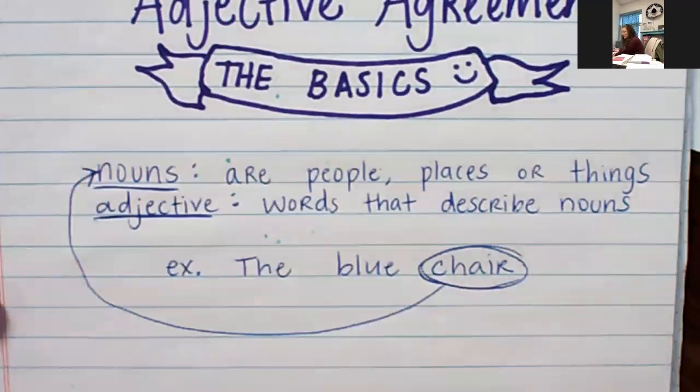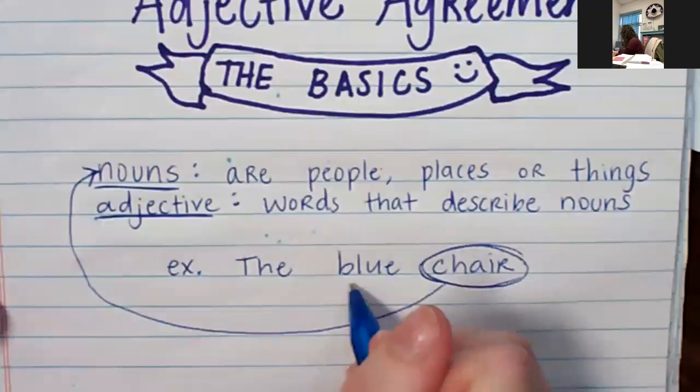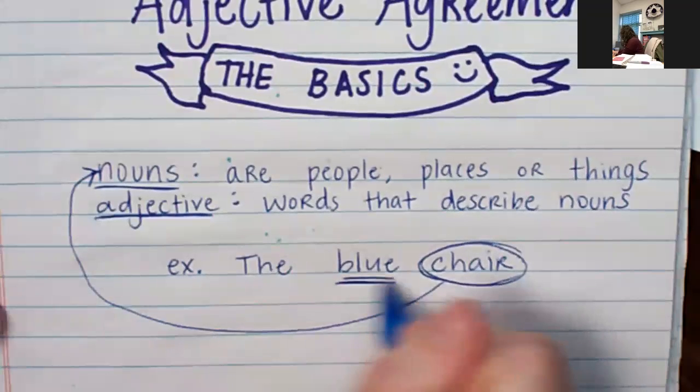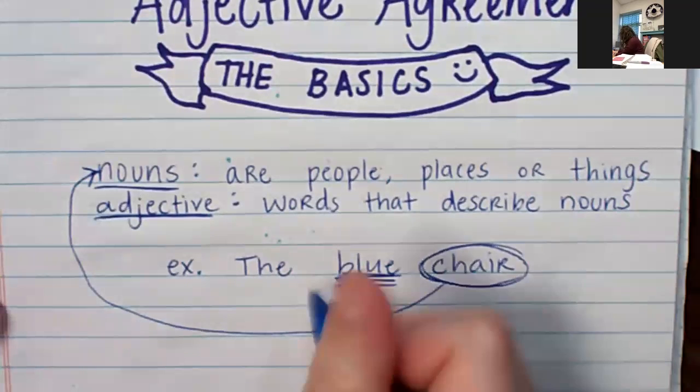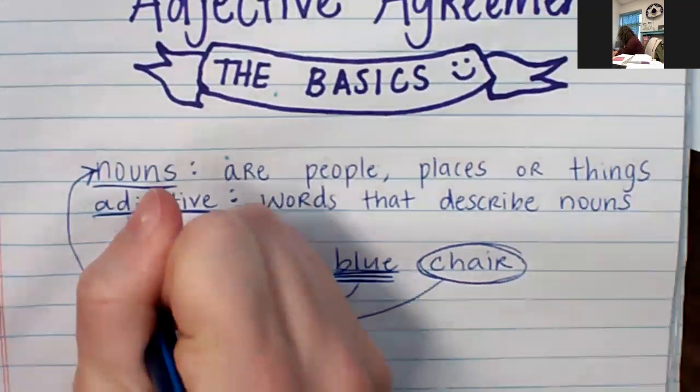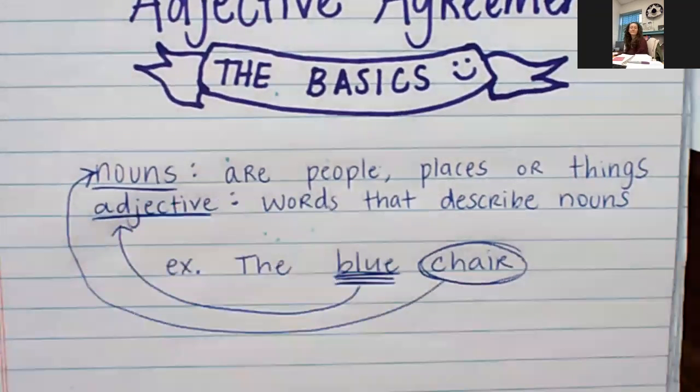And then the adjective, the word that describes the noun, is blue because it's giving us a description of the chair. Okay.